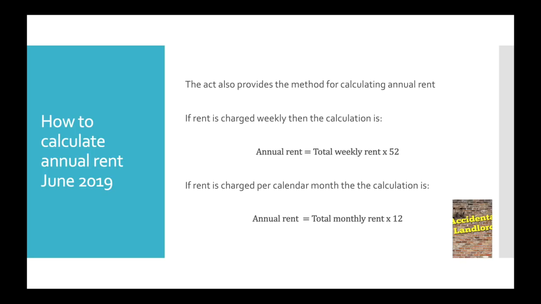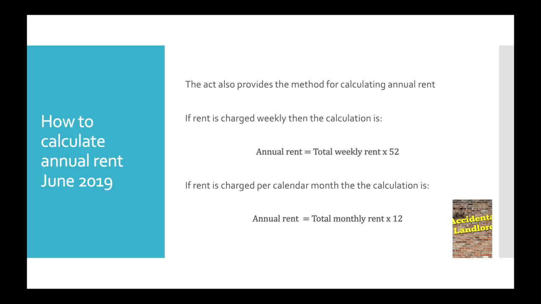Now, the Act goes into great detail on how you calculate annual rent, so it's worth picking that up to make sure that you understand the calculation, although obvious, is a statutory calculation now.